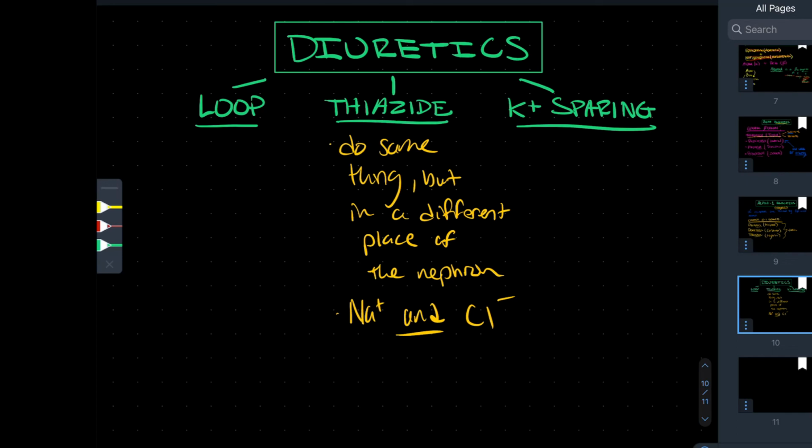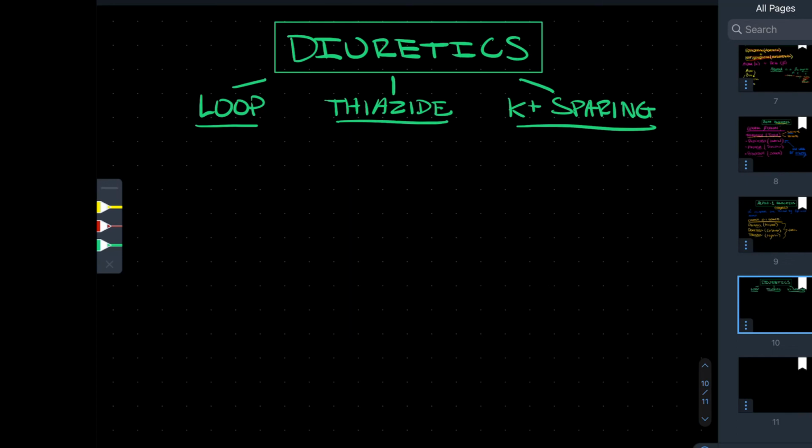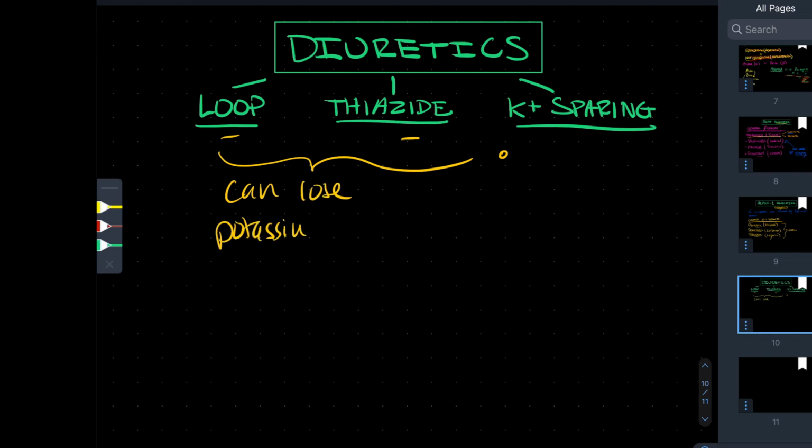And finally, you have what are called potassium sparing. And these ones are set apart because with these other two, you can lose potassium over time.